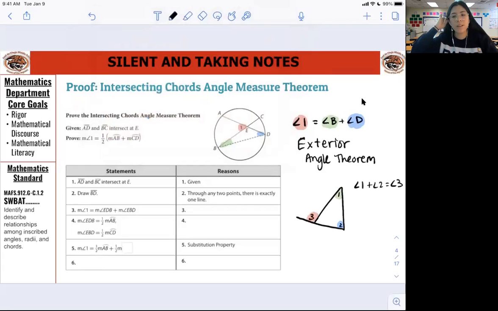Do you remember that? It was a long time ago. But see, it came back. Even if we learned theorems like 50 years ago, they still come back. So that is my exterior angle theorem.